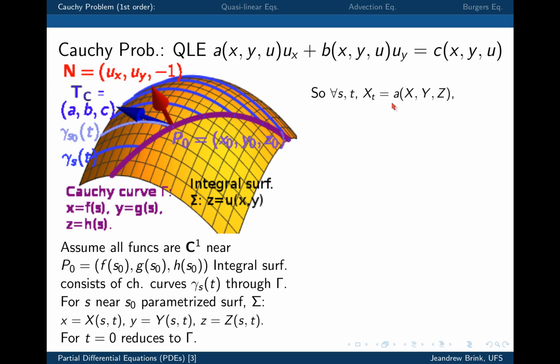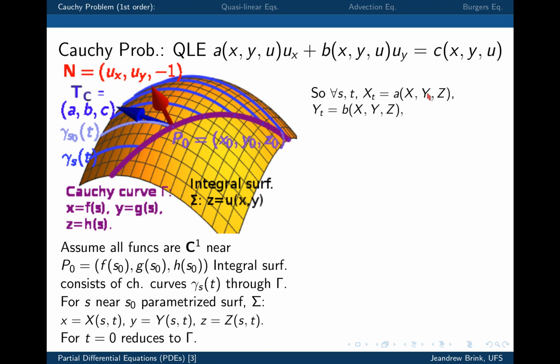For each of the parametrized functions, X of S,T, Y of S,T, and Z of S,T are defined by the actual characteristic equations. So the derivative of X with respect to t as we move off our Cauchy curve is simply given by this.